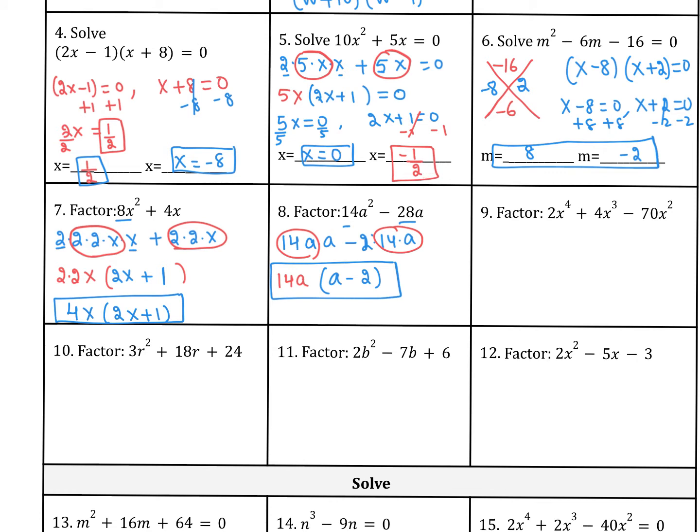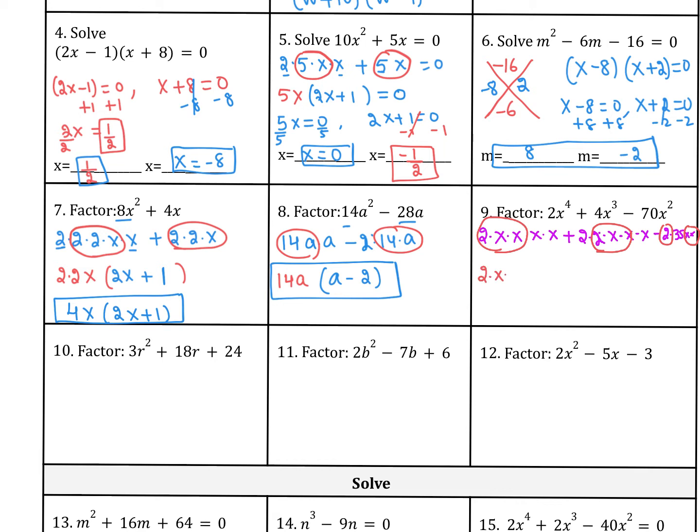So for number 9, you're going to again factor this. So change that into 2 times x times x times x plus 2 times x times x times x minus 2 times 35 times x times x. So what is common here is 2x times x, 2x times x, and then 2 times x times x.